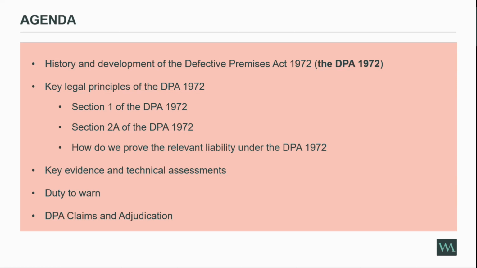And then we'll look at some of those specific sections, and then look at how we can prove that and how we evidence that in claims. And finally, I'm just going to touch briefly on what we call a duty to warn, and also adjudications in DPA claims, because there's been some advancements there as well.